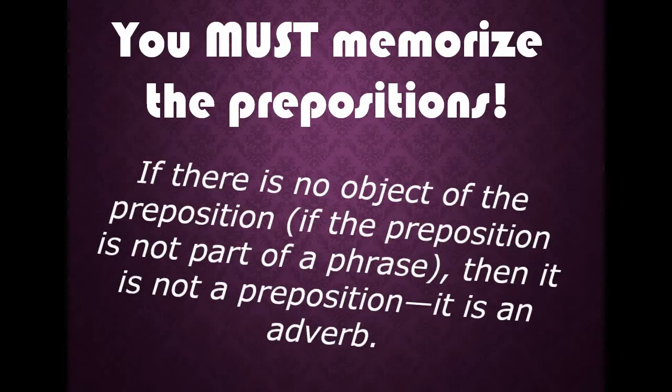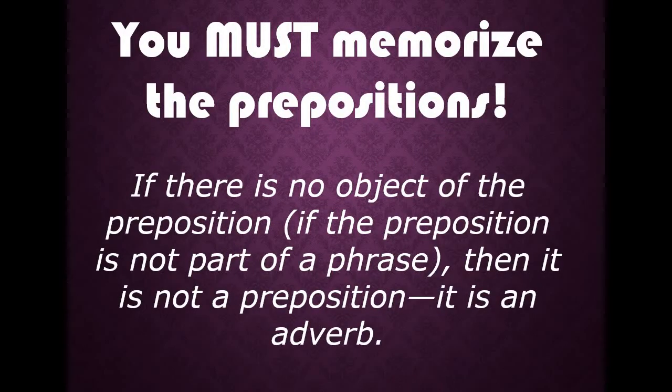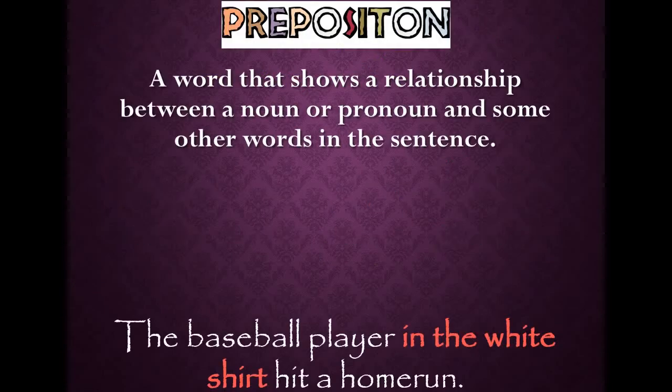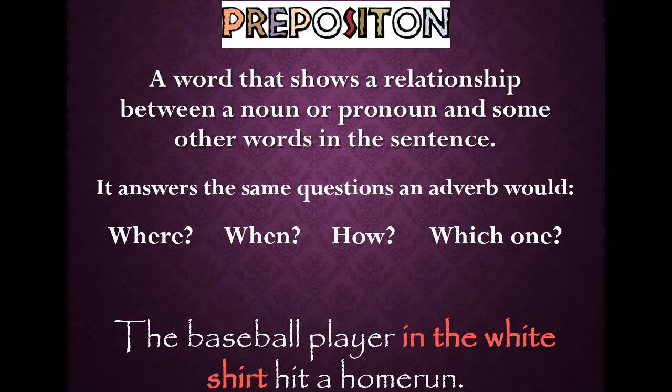So, what you must memorize are all the common prepositions that I added at the beginning of the slideshow. And there is a question you might ask. When I told you that the preposition answers when, where, and how, you might ask yourself, but the teacher said that the adverb answers the questions when, how, where.